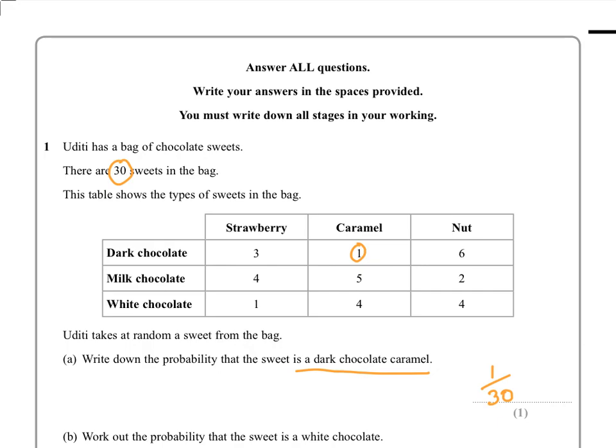Okay, so 1/30th. You're not supposed to write 1 out of 30 like this. It would have to be a fraction, decimal, or percentage, and in this case the percentage is perfectly fine.